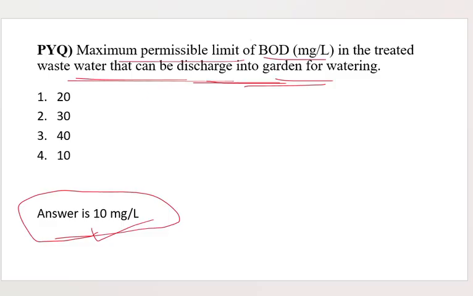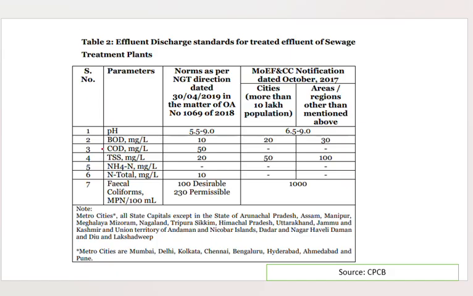Here I have taken this standard, a screenshot from the Central Pollution Control Board: effluent discharge standards for treated effluent of sewage treatment plants. Wastewater treatment plants should maintain these parameters, these standards. Here, pH is 5.5 to 9.